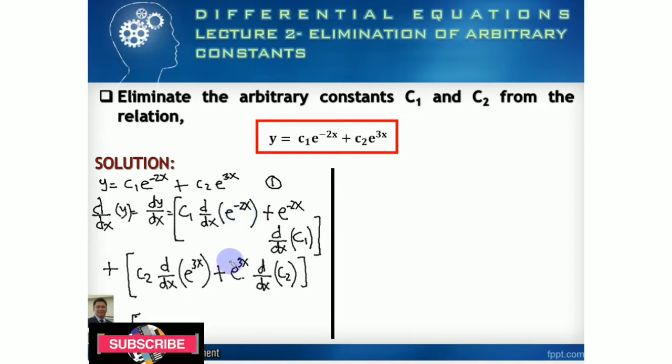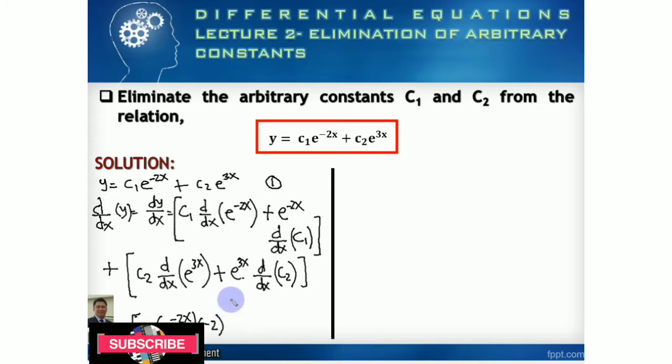From our previous lesson, the derivative of this will be e to the u times the derivative of u, where our u in this case is equal to negative 2x. So this would be times e to the u, which is negative 2x, times the derivative of u, where the derivative of negative 2x is equal to negative 2.